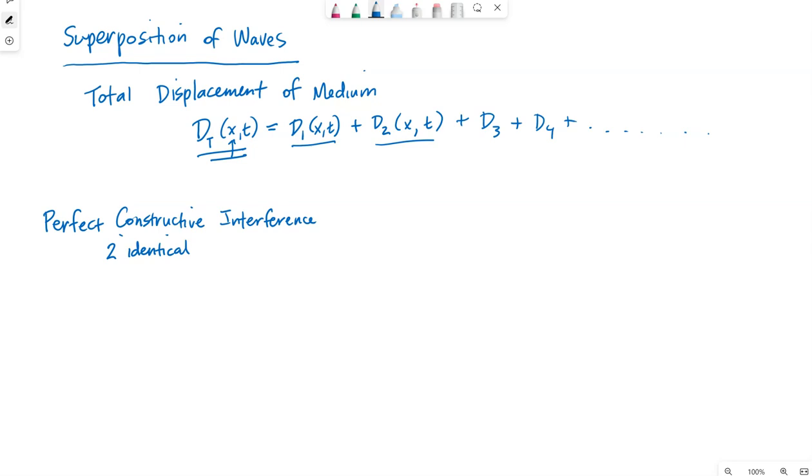So 2 identical waves, meaning they're the same type of wave, same amplitude, same wavelength, which in turn means they're going to have the same frequency as well, and the same speed. To get the perfect constructive interference is when they are in phase with each other.